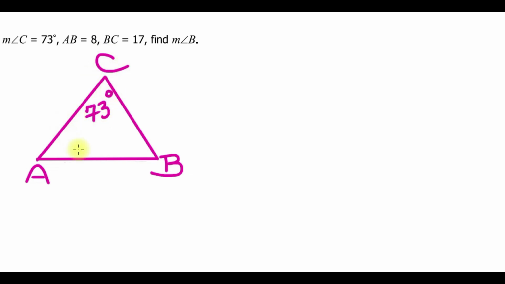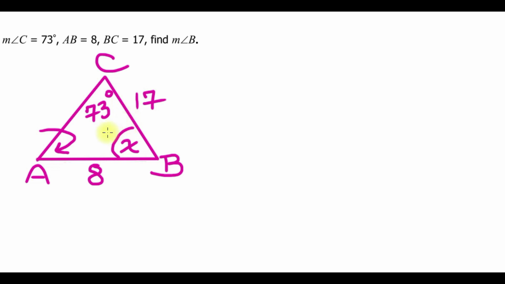Side AB is 8, and then BC is 17. And we're looking for angle B. So we're looking for this angle right here, angle B, and we're going to call it X. Okay, so now in order to find angle B, you need to find angle A, because you know side A is BC.